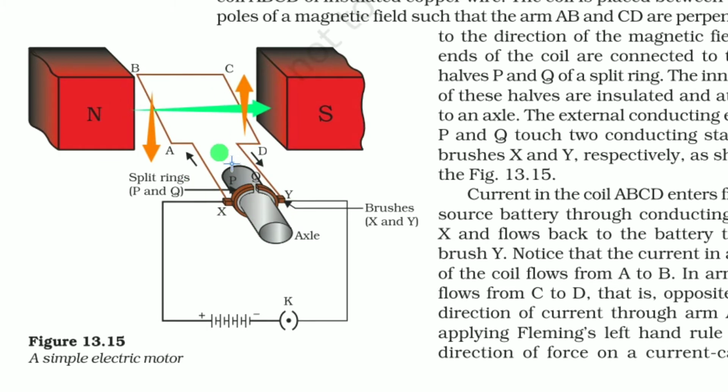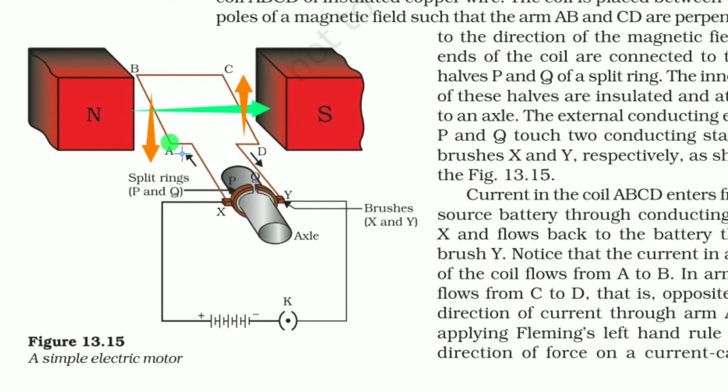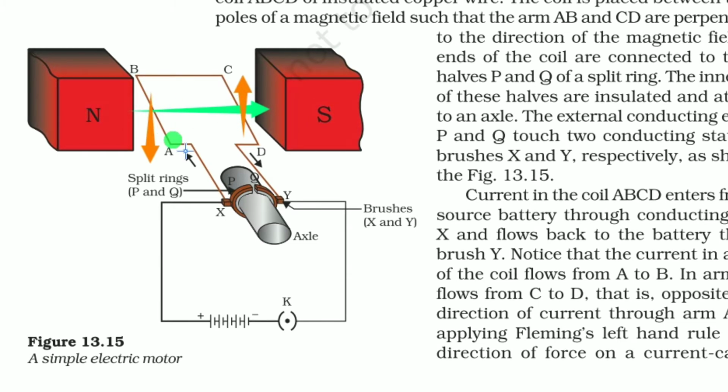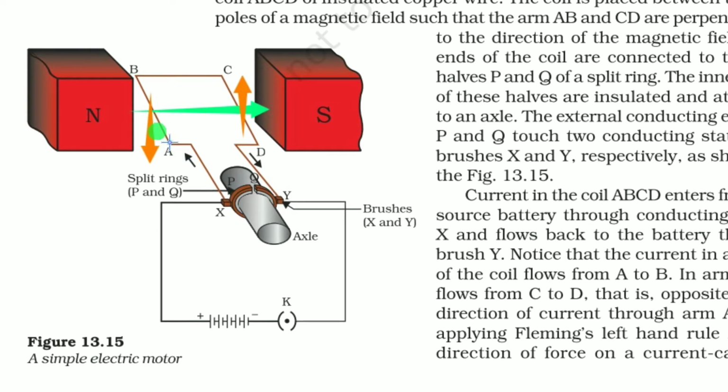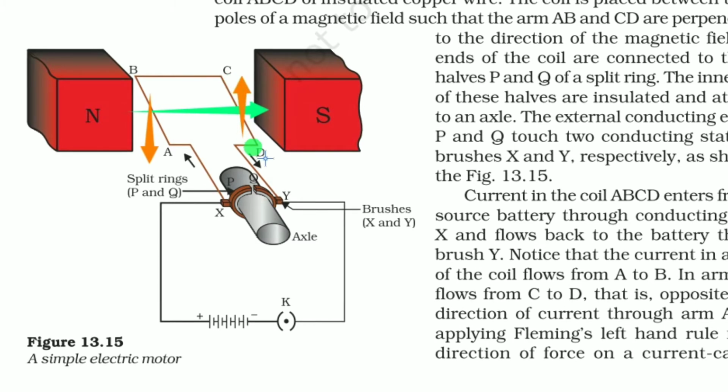So CD, when it comes to AB, the current will not flow from C to D. The current will automatically change its direction and flow from D to C. The same thing will happen for the arm AB. AB will go to the position CD. Before the 180-degree rotation, the current was flowing in the AB direction, so when AB comes to the CD position, the current direction is also changed, and it will be in the BA direction.